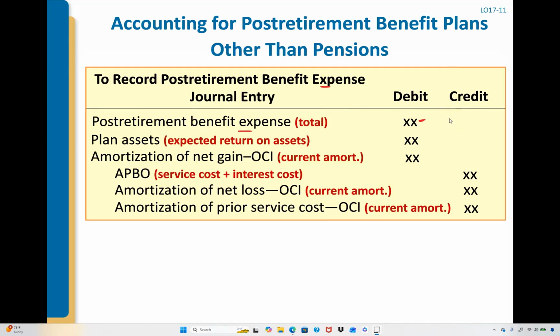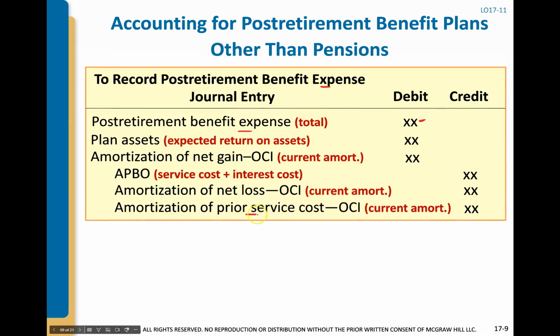If we have plan assets for the post-retirement benefits, which oftentimes employers do not have for this item, but if we do, usually we expect the assets to go up, so we would actually be crediting the expense, but it is possible to be debiting the expense. And then we have OCI, or amortization of OCI for prior service costs.